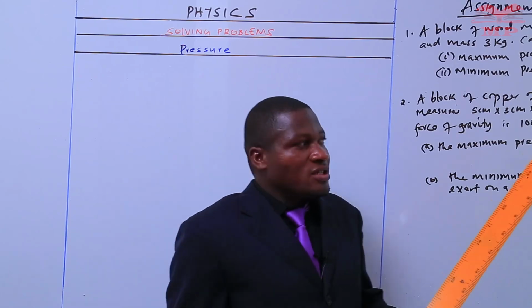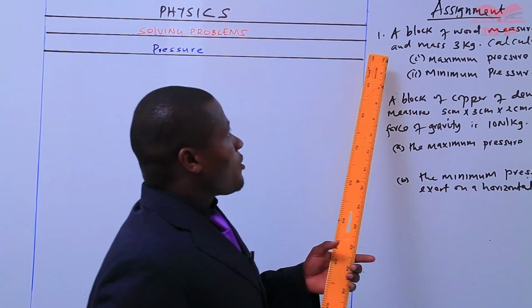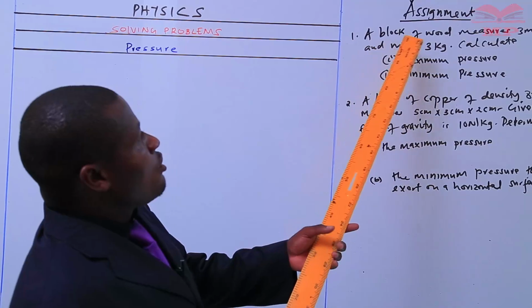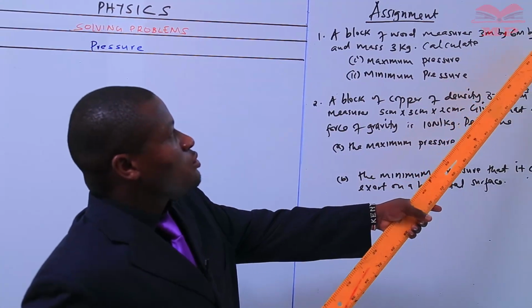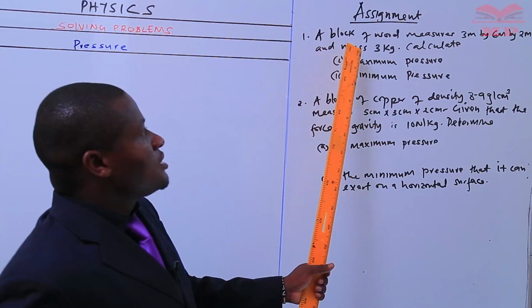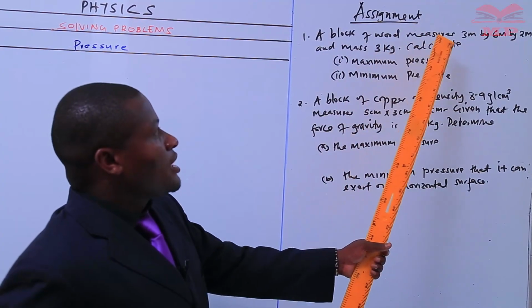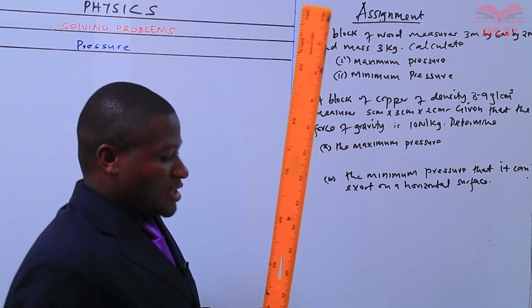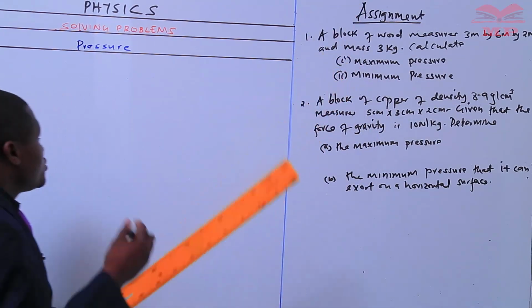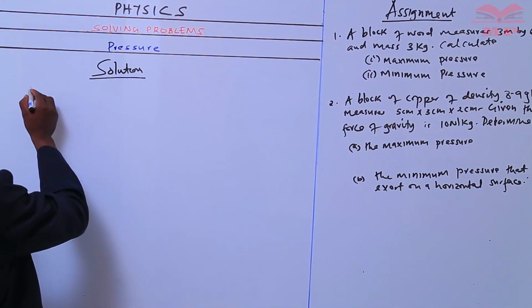Here are the questions that I had given you. Question 1: a block of wood measures 3 meters by 6 meters by 2 meters and has a mass of 3 kilograms. Calculate (i) maximum pressure, (ii) minimum pressure. Solution, that is (i).